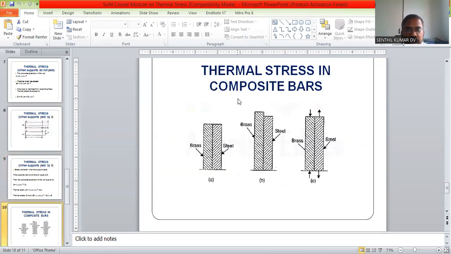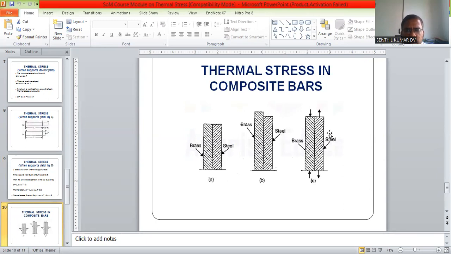Now, when considering thermal stress in a composite bar, let us consider a brass rod and a steel rod, which are rigidly fastened together. When the brass and steel are separated, due to the difference in the coefficient of linear expansion, since brass has a higher coefficient of linear expansion than steel, the free expansion of brass under thermal load will be higher than that of steel.